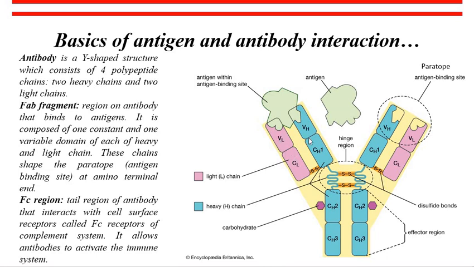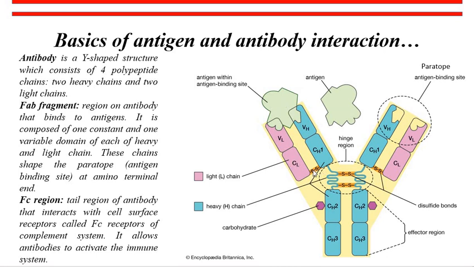The variable regions are those regions of the antibodies which are different in all the different antibodies, while the constant regions are those which are always the same in the different antibodies found in the serum. These two heavy chains are bound to each other through the hinge region, in which there are disulfide bridges connecting these two polypeptide chains with each other.